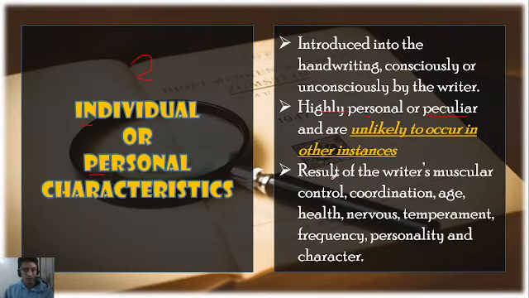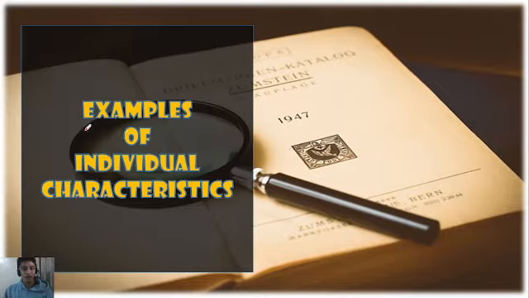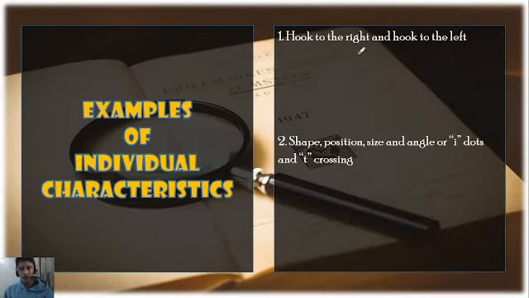Okay, so what are those examples that we could give under individual characteristics? So, una na po dyan is, ito, specific example, hook to the right or hook to the left. Okay, hindi po sayaw ito. Pero, let's try to have here an example.